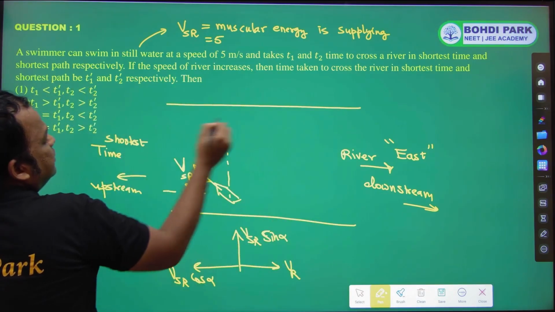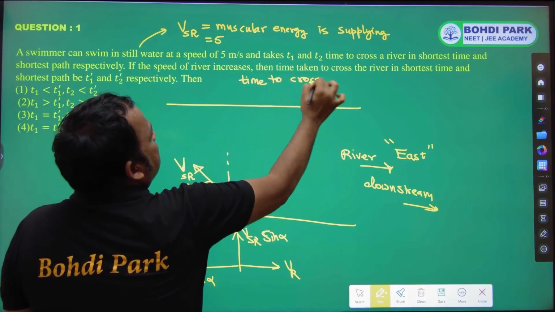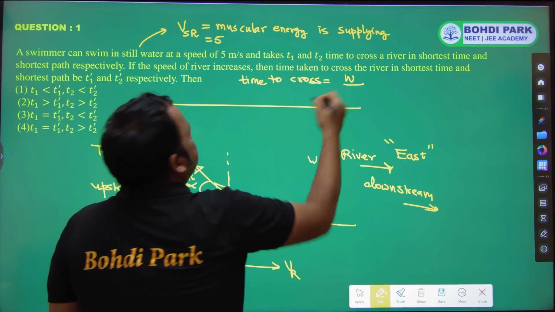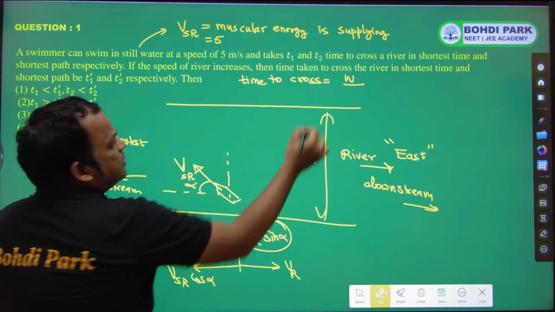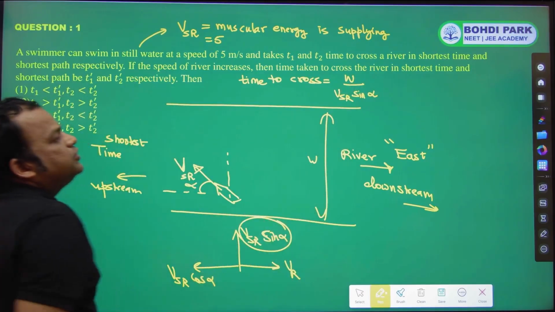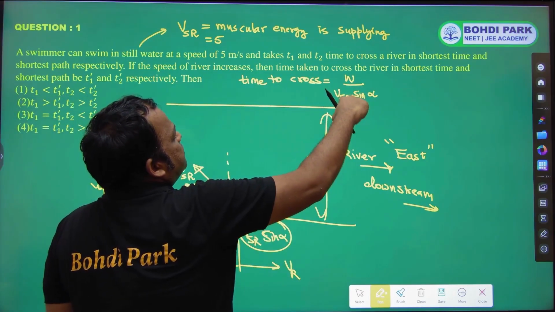So the time to cross is equal to W, the width of river, divided by VSR sin alpha. This is the still water speed of boat or swimmer.